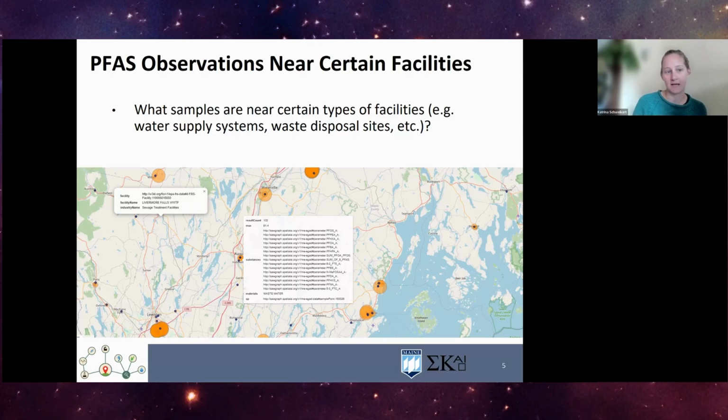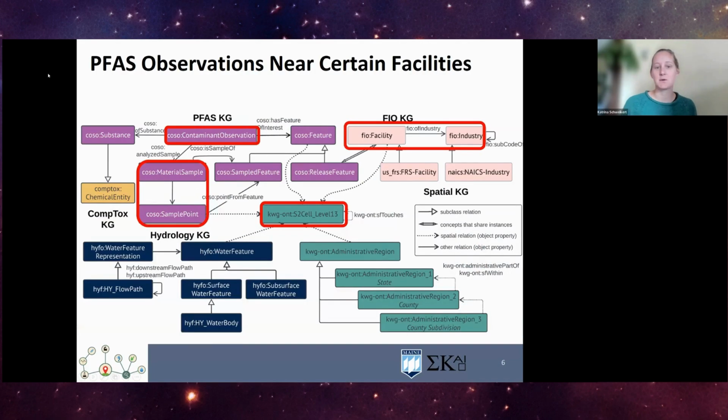We'll take a look first at sewage treatment facilities, which are one site of accumulation of PFAS due to it filtering through the water system and into the sewage treatment facilities from both industrial sources and also just households. In order to answer this question, we use data from two main graphs.